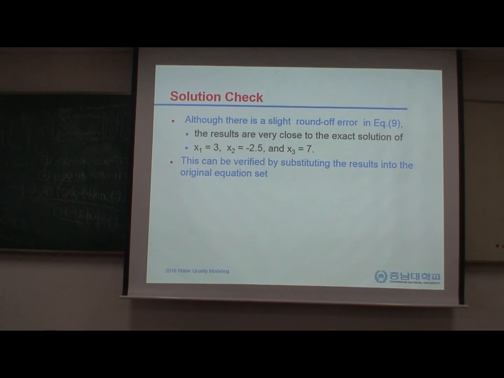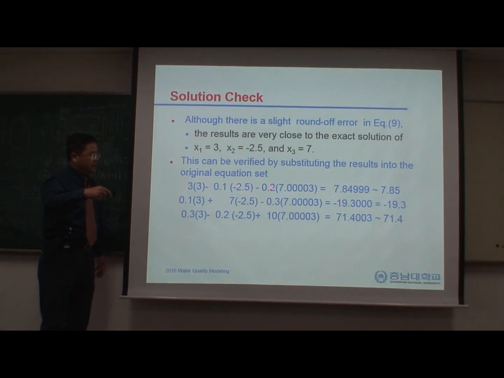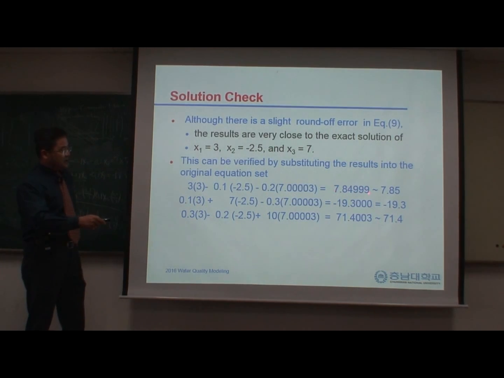And I want to check my solution. To check the solution, the best way to do is we'll just put everything back into the original equation and see if we have the same answer. Even though we had a little error, dependent on our accuracy level, it's okay.